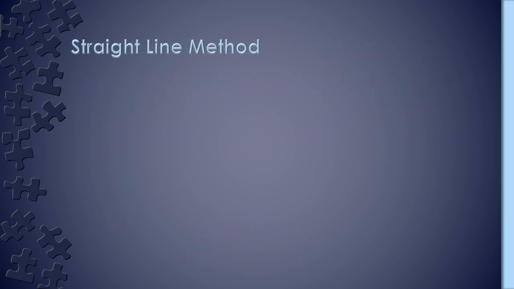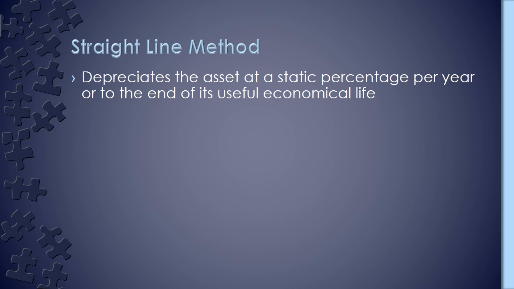So the first method then of depreciation is the straight line method. What is it we actually mean by straight line method? Let's take a look. The straight line method depreciates the asset at a static percentage per year or to the end of its useful economic life.